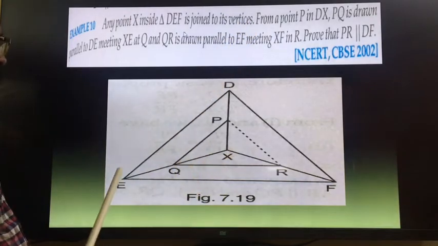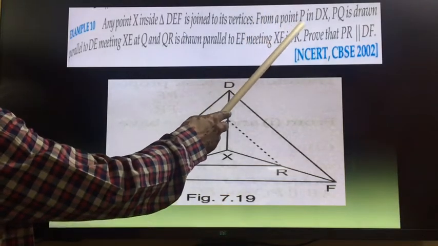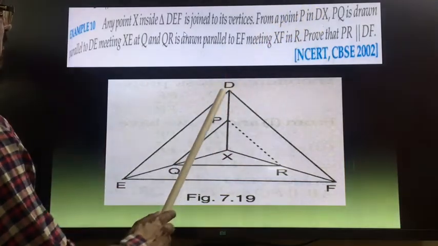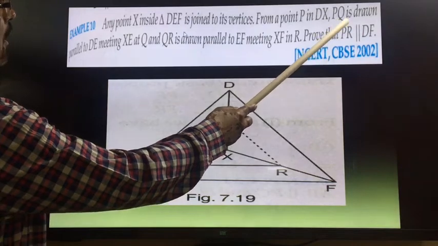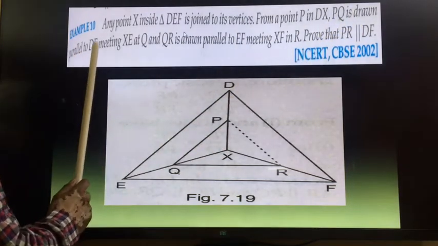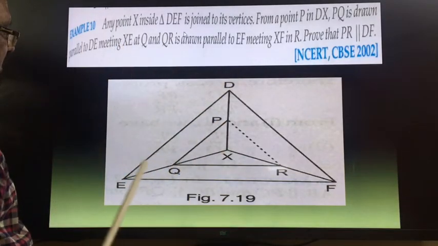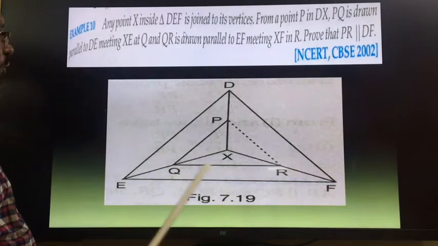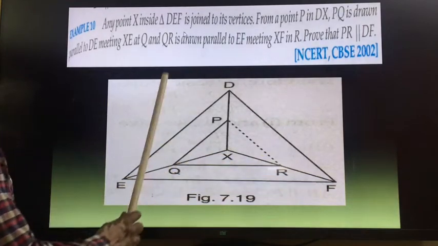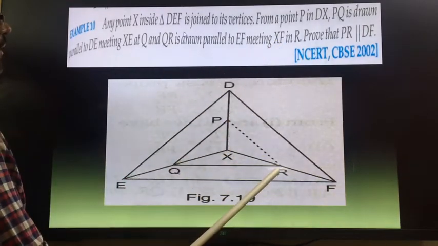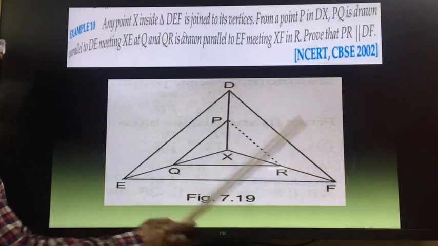So point X is joined with D, E and F. After this, from a point P on DX, PQ is drawn parallel to DE, meeting the XE line at Q, and then QR is drawn parallel to EF, meeting XF at R. Then we have to prove that the PR line will be parallel to DF.